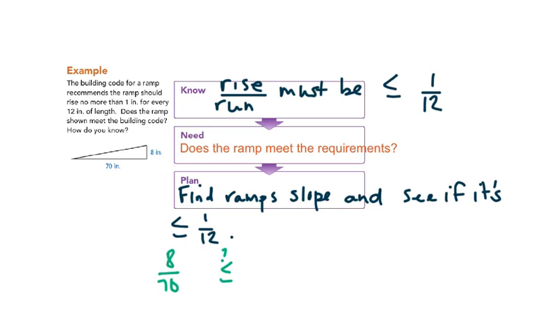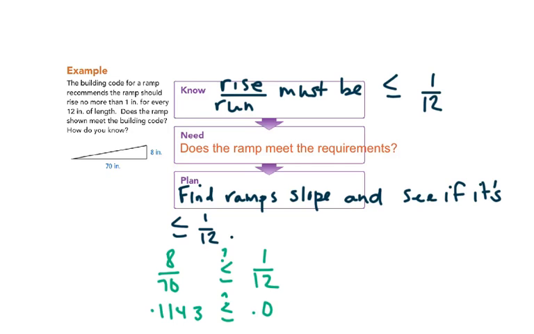There are a couple different ways we can do this. One way is to get a common denominator and compare the numerators. The other way is to use a calculator and divide 8 by 70 and 1 by 12. 8 divided by 70 is about 0.1143, is that less than or equal to 1/12, which is equivalent to approximately 0.083.